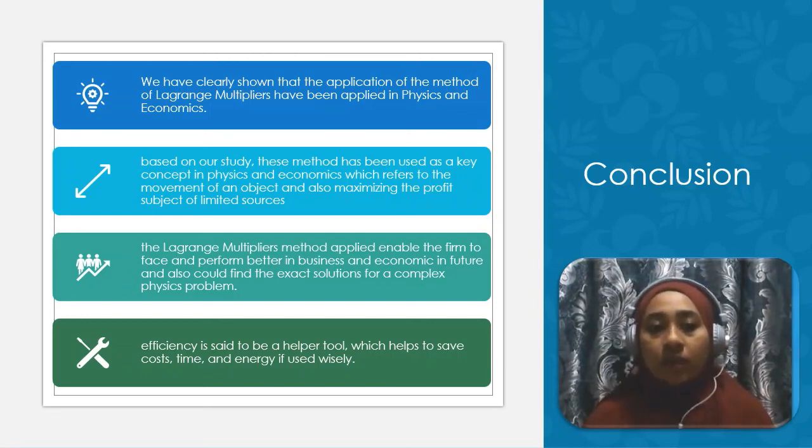The Lagrange multiplier method enables firms to face and perform better in business and economics in future, and also can find the exact solution for complex physics problems. In total, efficiency is a helpful tool which helps to save cost, time, and energy if we use it wisely.